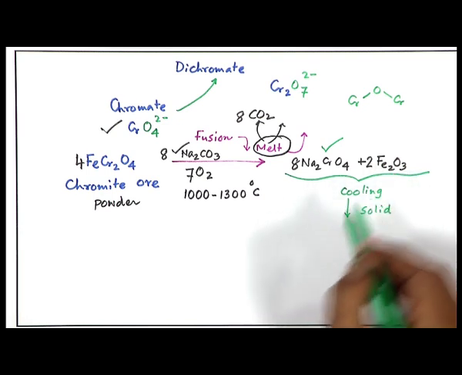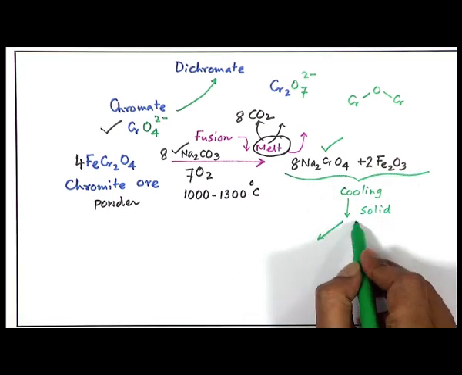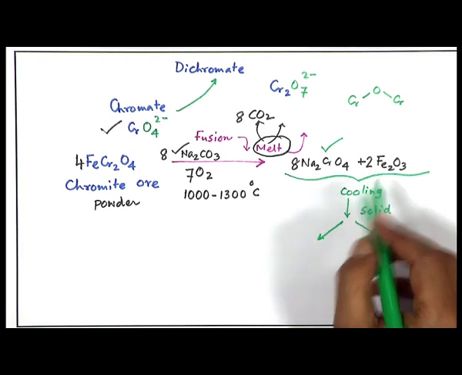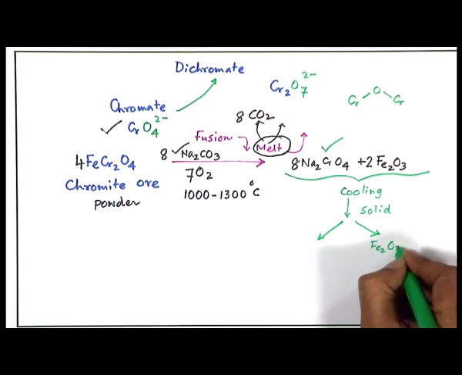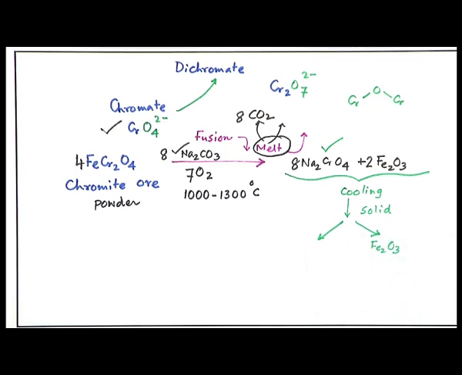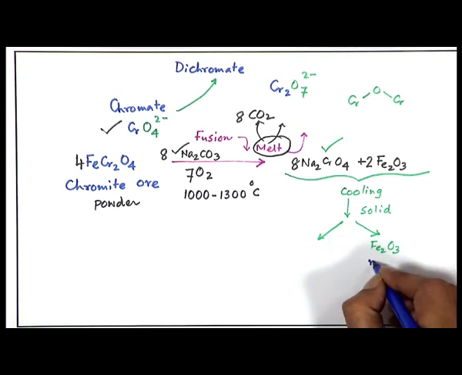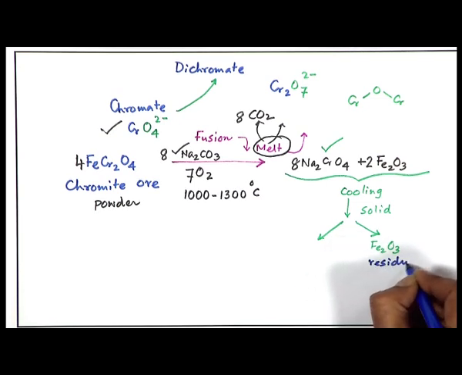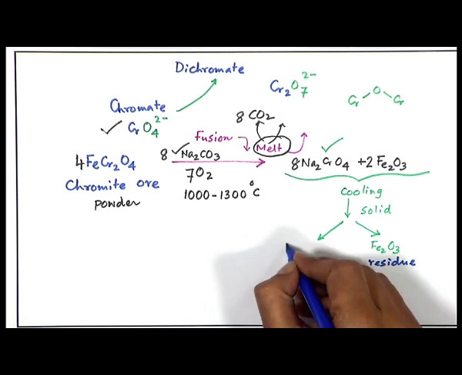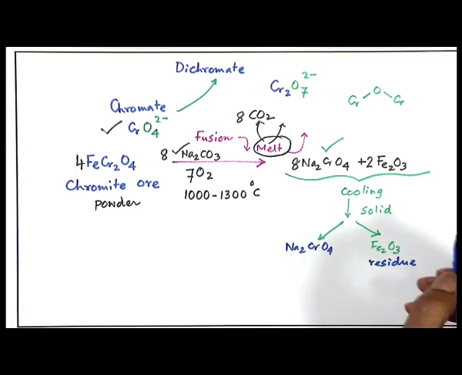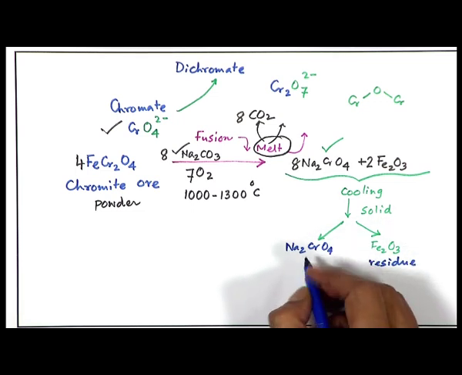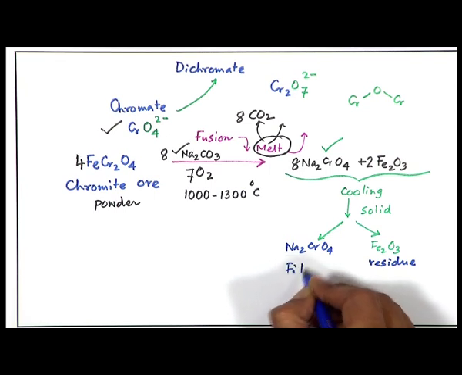That gives rise to the separation process: one is soluble and the other is not. So, Fe2O3 will be there as residue, and Na2CrO4 will be in the filtrate.